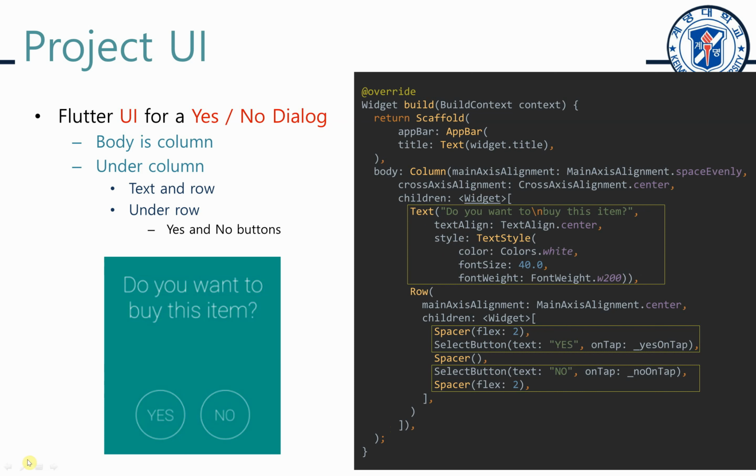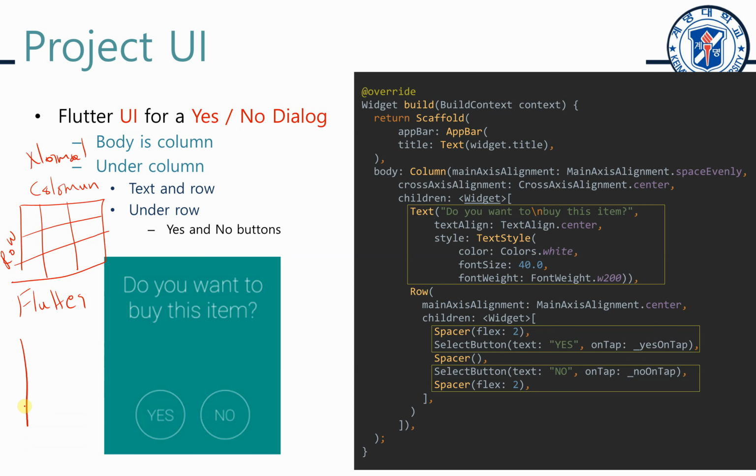Another thing I want to explain here is that normally you are familiar with this definition: when you have this kind of table, this side is called column, and this side is called row, right? But in Flutter it is the opposite.